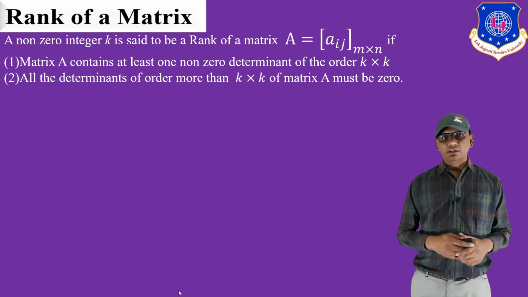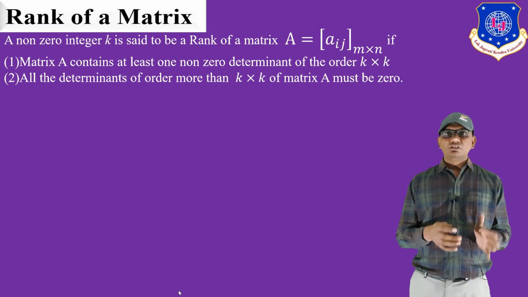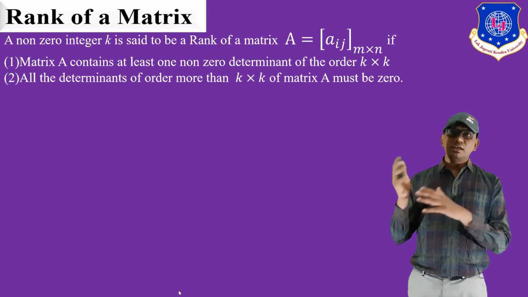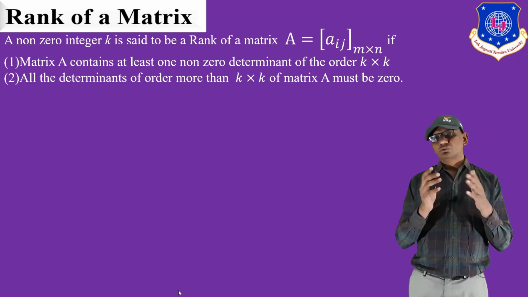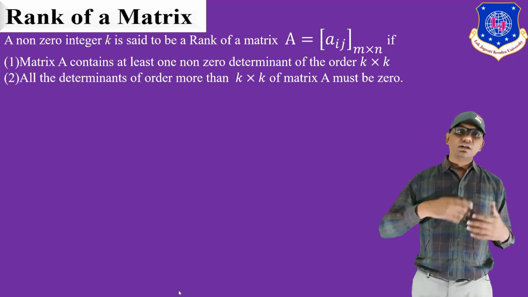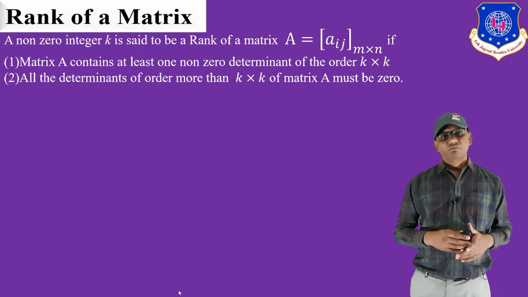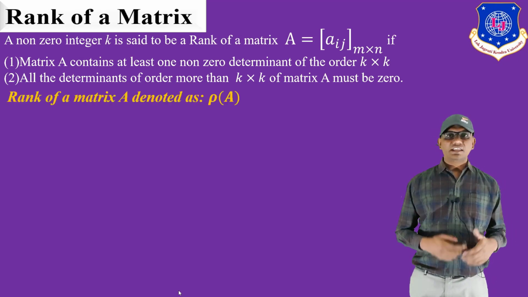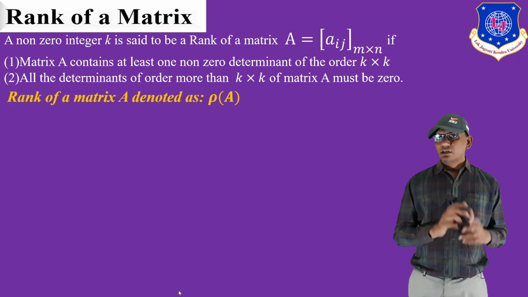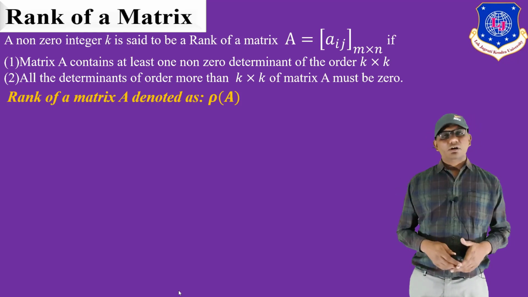That is the important thing, and all the other determinants whose order is bigger than k cross k must be 0. That is our second condition. If these two conditions hold, then our matrix rank is k. And the rank of a matrix is denoted like this: rho of A is equal to the rank of the matrix.